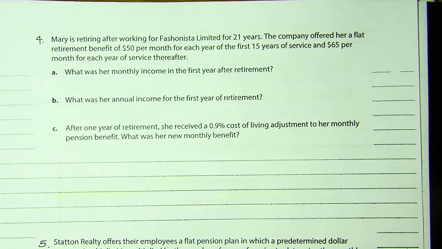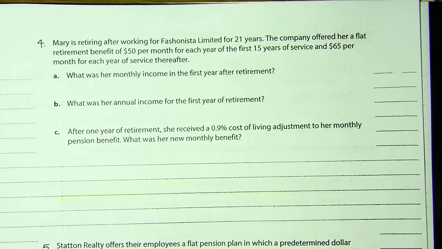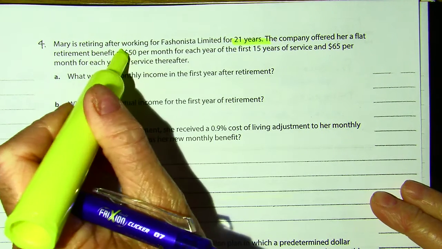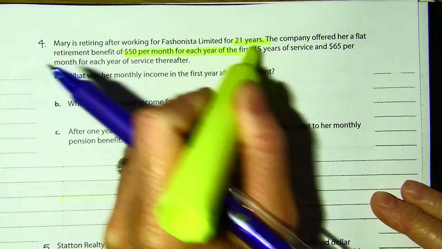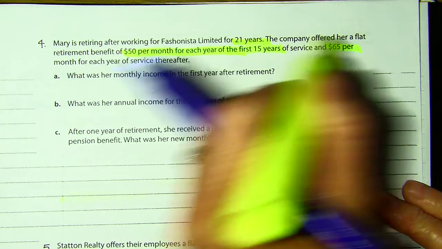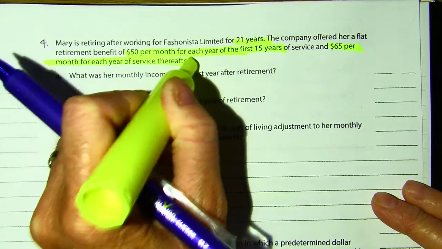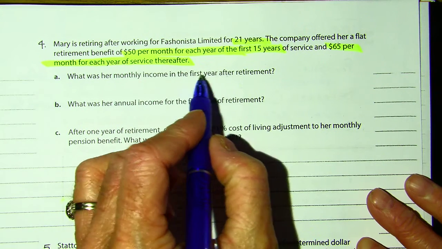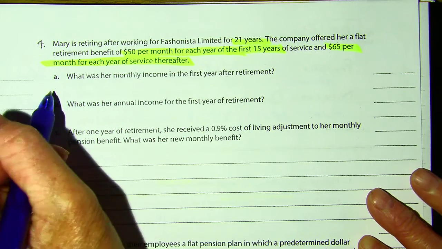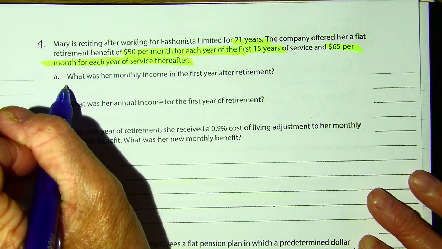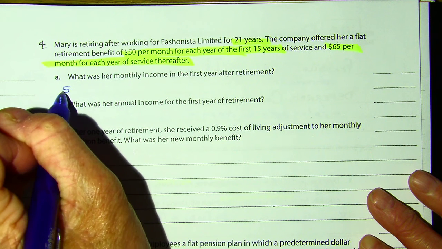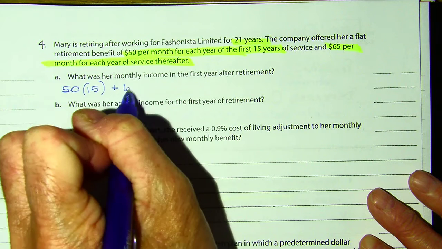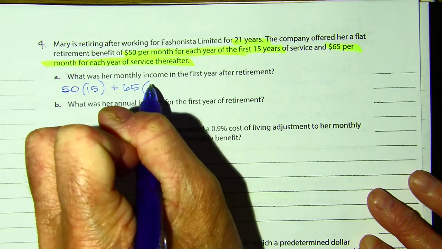Mary's retiring after working for Fashionista Limited for 21 years. The company gave her $50 per month for each year of the first 15 years and $65 per month for each year of service thereafter. So what was her monthly income in the first year after retirement? So first of all, she gets $50 for the first 15 years, plus she gets $65 for every year after.